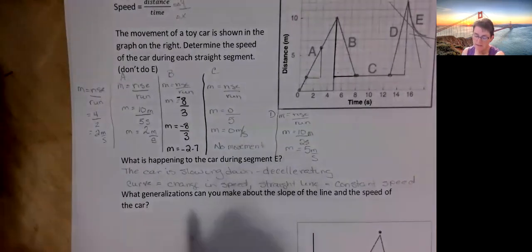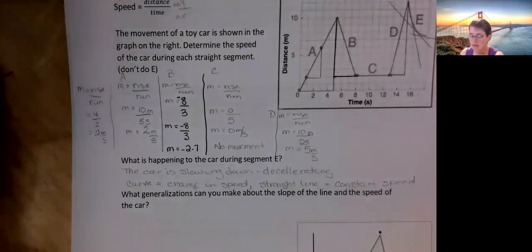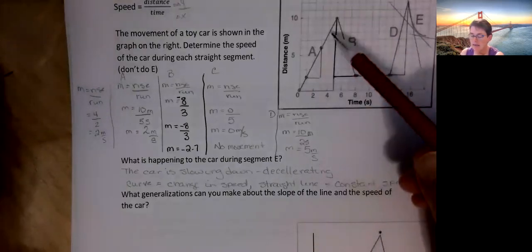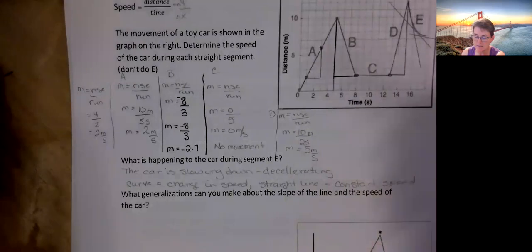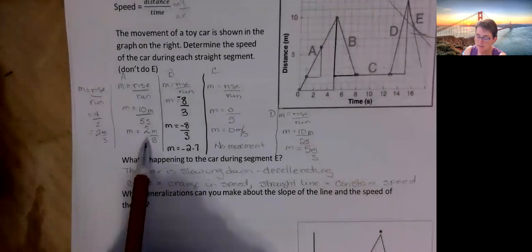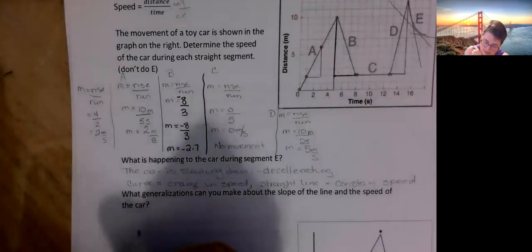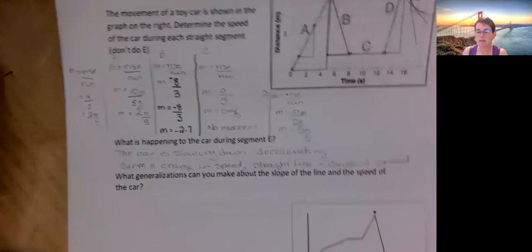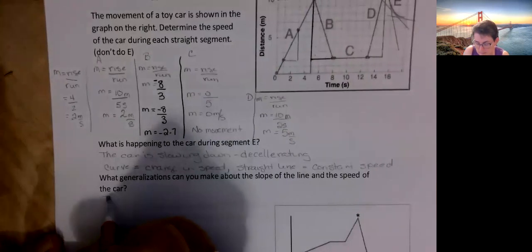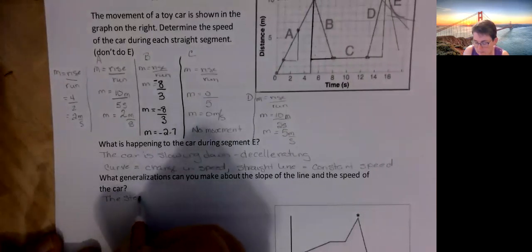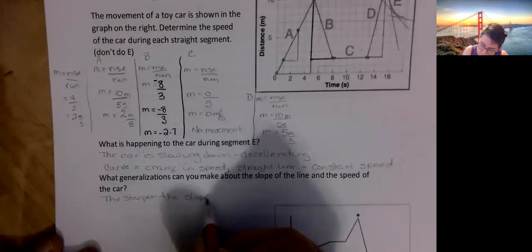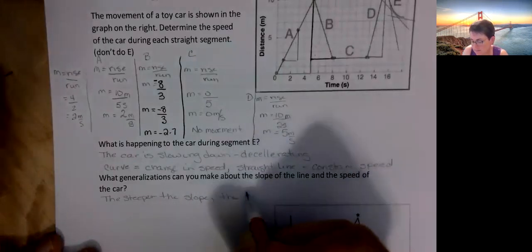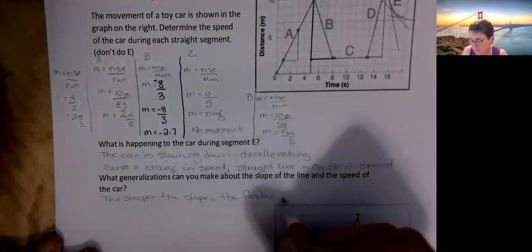All right, what generalizations can you make about the slope of the line and the speed of the car? Well, let's look at this one. If we look at A and we look at D, D is definitely a steeper slope. And if you look at the actual speeds, A is 2 meters per second and D is 5 meters per second. So the steeper the slope, the faster the car, the faster the speed.